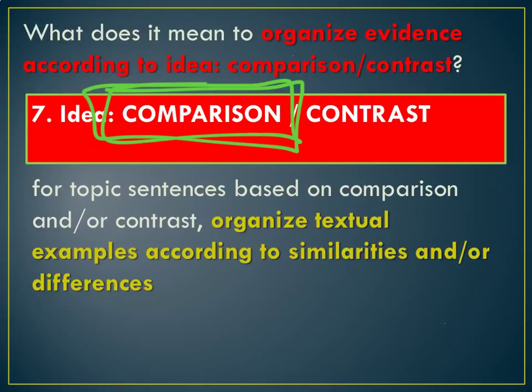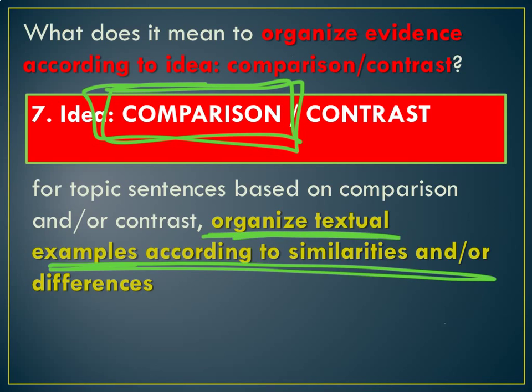So that's basically what your goal is when you're writing topic sentences, is you're going to try to figure out a way to organize your examples according to similarities and or differences. And so here are your options for how to do that.